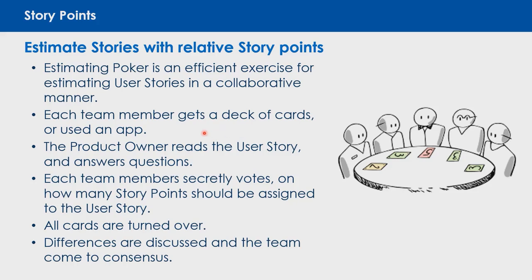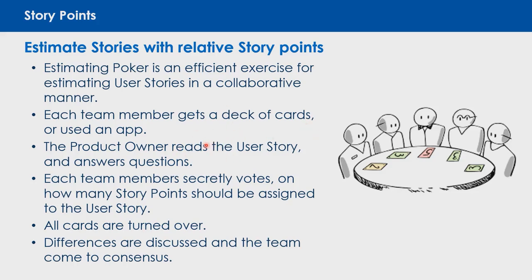This happens quite often during backlog refinement. It can also happen during sprint planning. Hopefully a lot of the estimations are done by then, but that doesn't mean there aren't user stories we will need to estimate during sprint planning.